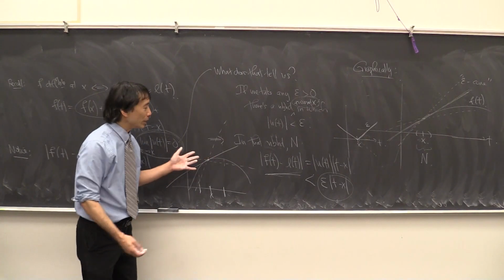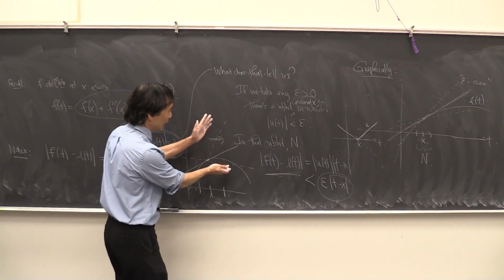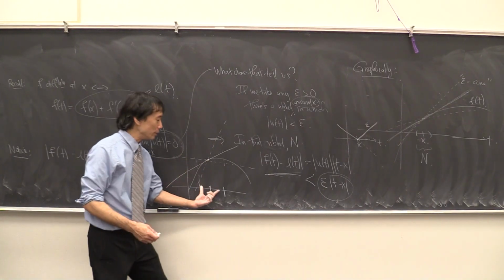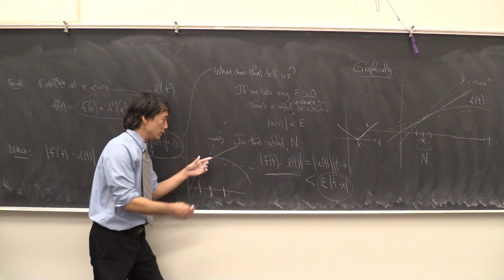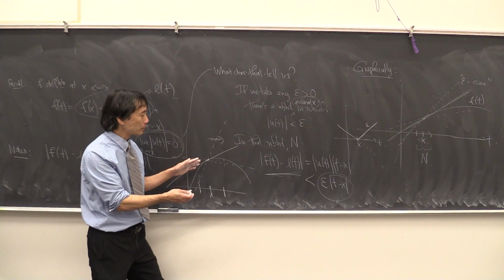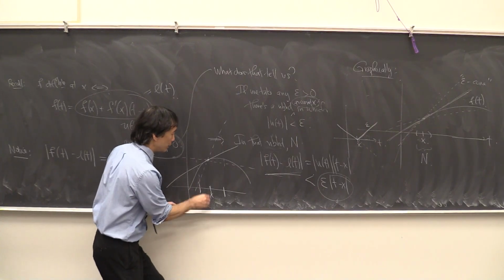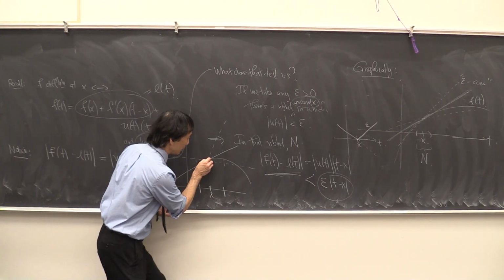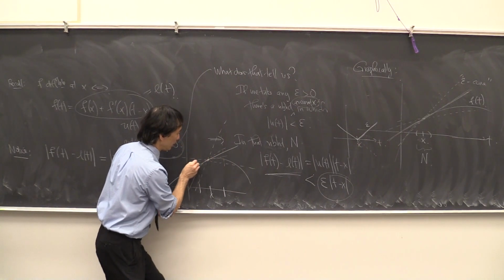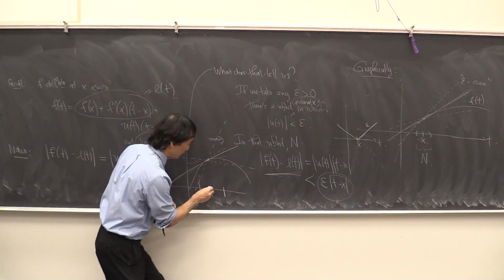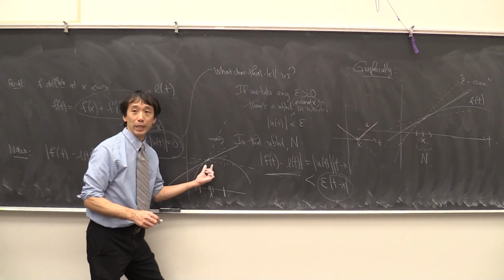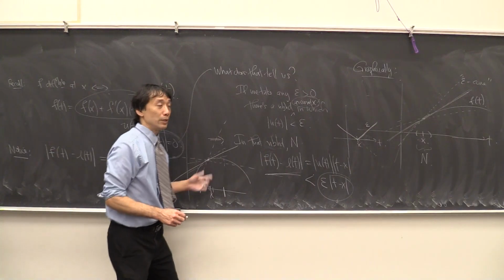Or you can think of it like this is some sort of bow tie, and your function does not leave the bow tie. There's a neighborhood in which the function does not leave the bow tie. And if I choose a tighter bow tie, a tighter epsilon cone, like this, I'm guaranteed a neighborhood in which the function still doesn't leave the bow tie.